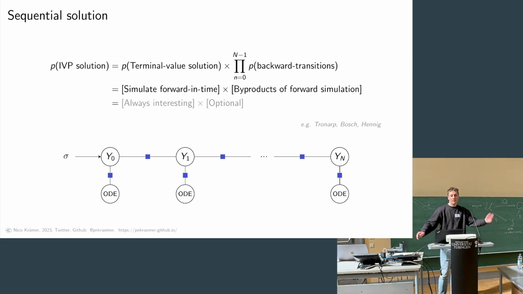And since it's always a bit tedious to remember equations, you can think of it as this. We have one term that we simulate forward in time, and we have a lot of terms that are kind of byproducts of this forward simulation. And the solution at the terminal value is basically always of interest, and the other backward transitions are only relevant if we want to, say, smooth the posterior, so if we want to access the ODE solution at some intermediate time point. For example, to make those plots that I showed you earlier.